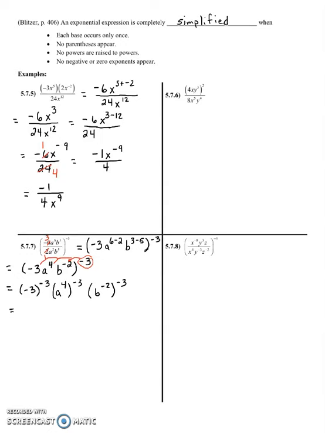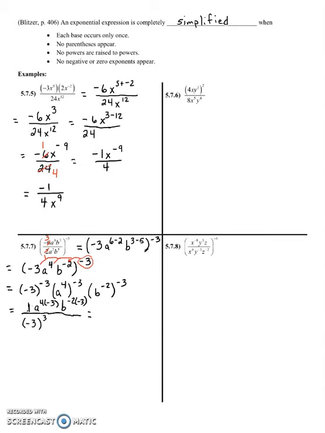So negative 3 to the negative 3 is 1 over negative 3 quantity cubed. A to the 4th to the 3rd, and this will be in the numerator, is a to the 4 times negative 3. And then we have b to the negative 2 times negative 3.